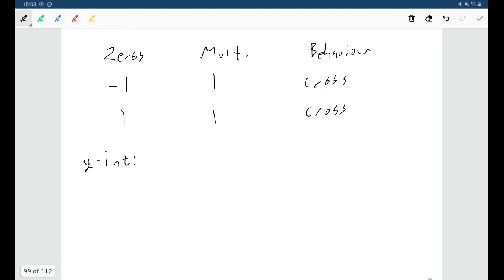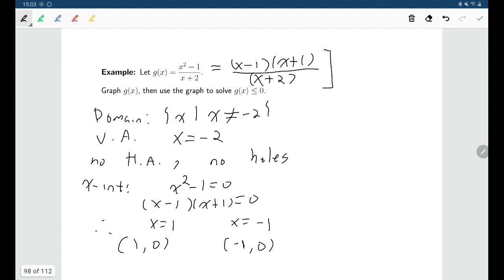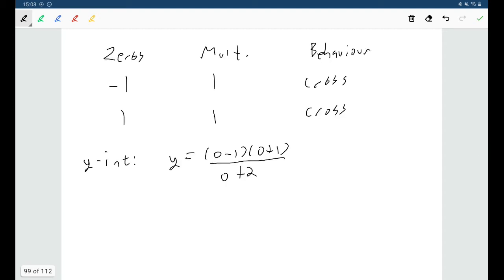And when we put in 0 for x, just checking, yes, so 0 minus 1, 0 plus 1 over 0 plus 2. That simplifies to give me -1/2. So we've got the point 0, negative a half.